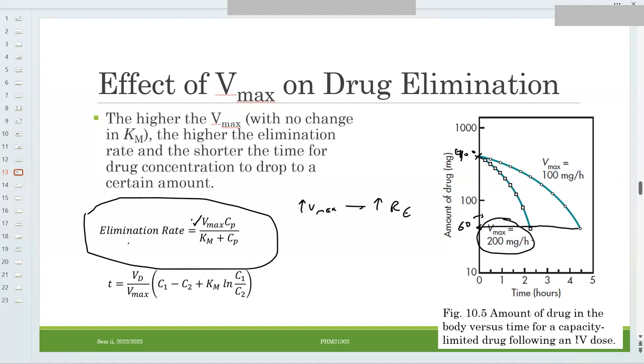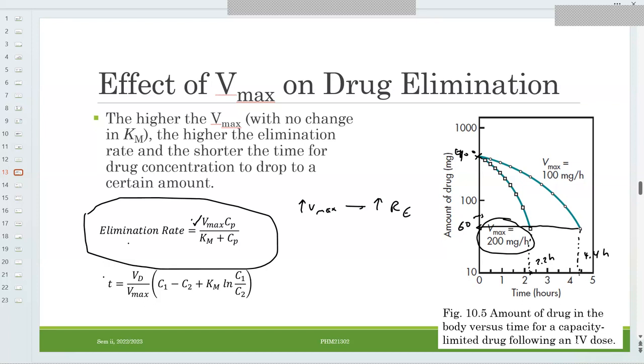To decrease from 100 to 60, if Vmax is higher, it needs only about 2.2 hours. But if Vmax is lower, it will need 4.4 hours. Okay? So now you decrease the Vmax by half, the time to eliminate will be longer, meaning rate of elimination became slower, decreased to the half, right?